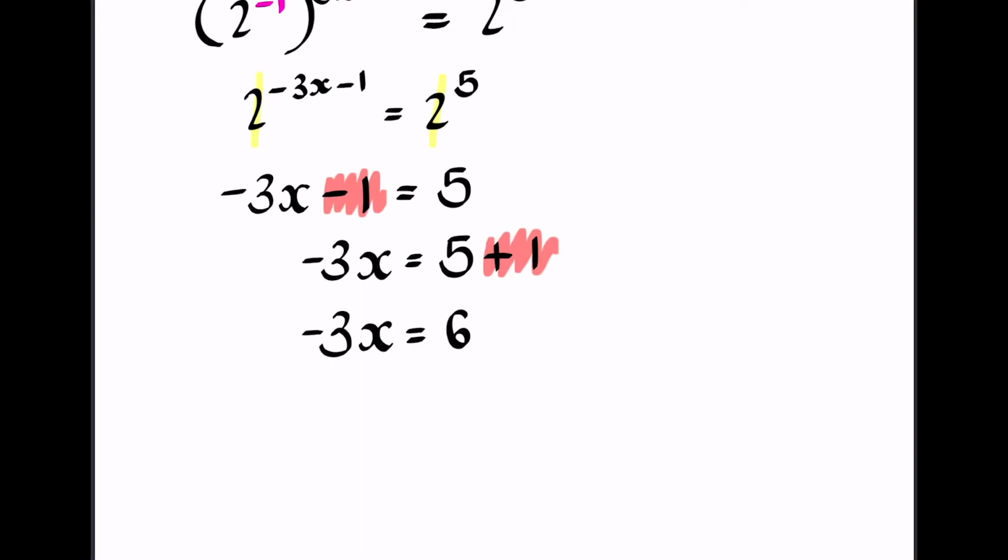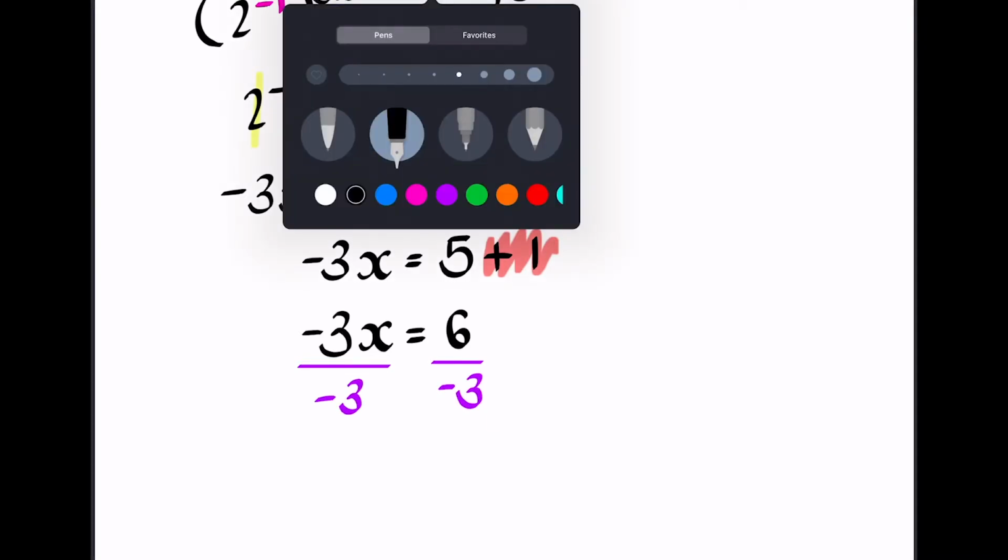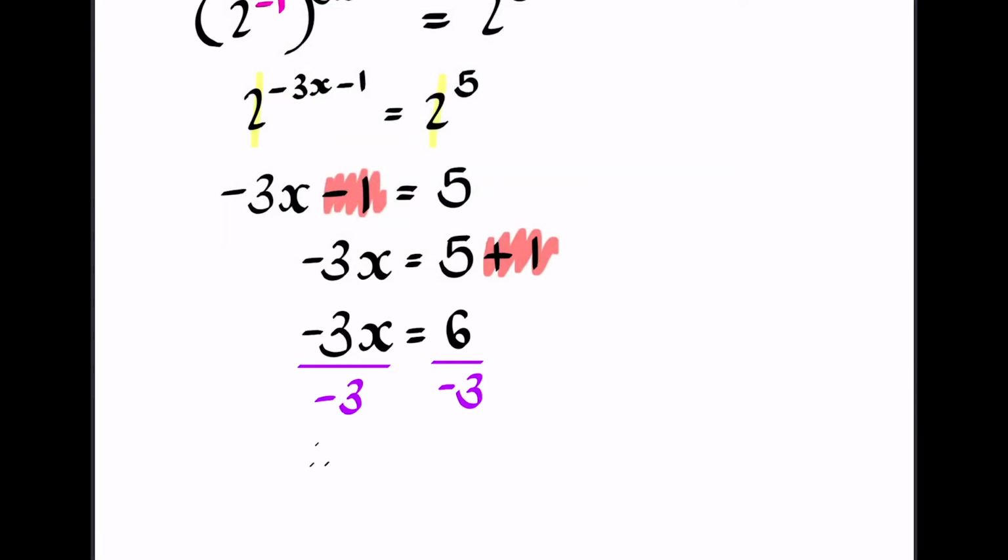Now I want to isolate my variable. I want to isolate my x, which means that I'm going to divide both sides by the coefficient of the x, which in this case is a negative 3. So therefore, negative 3x divided by negative 3 is x, is equal to 6 divided by negative 3 is negative 2.